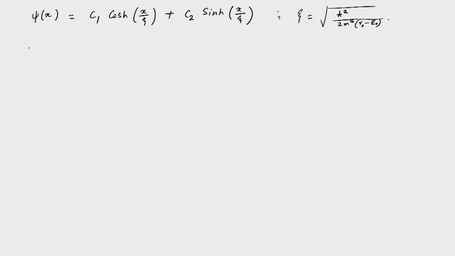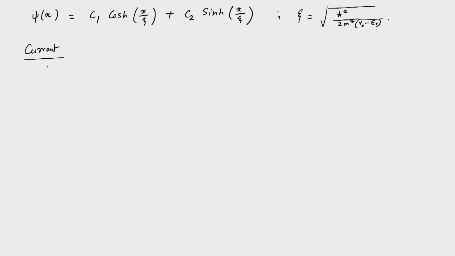Then of course the current is given by an expression that you are familiar with. It is h cross over 2 m i, times psi star d psi dx minus psi d psi star dx, and so on.